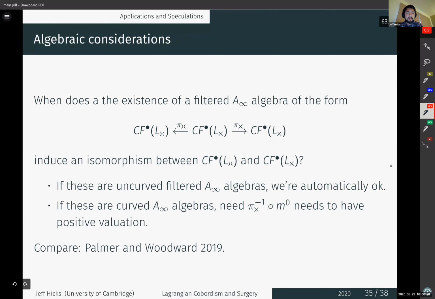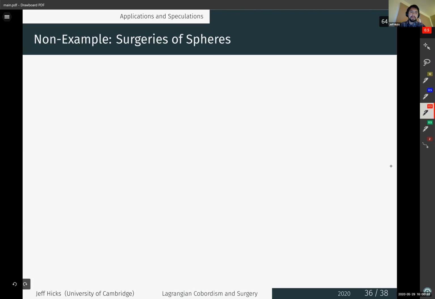Now, that can't always be the case. And maybe let me give an example of where you can't construct a continuation map from this data. So there's a Lagrangian cobordism between the following two Lagrangians, which are obtained from taking matching paths in Lefschetz fibrations.